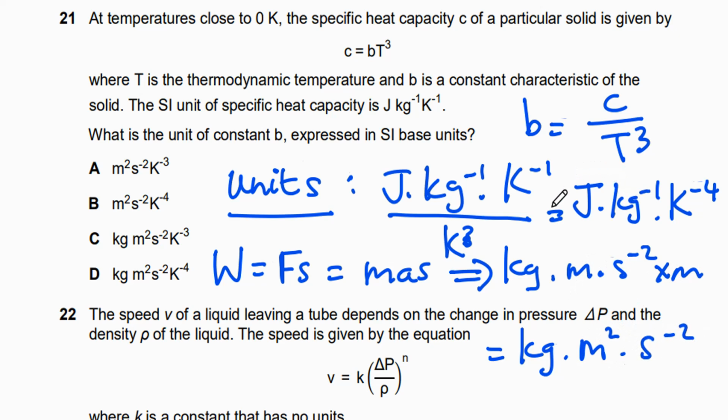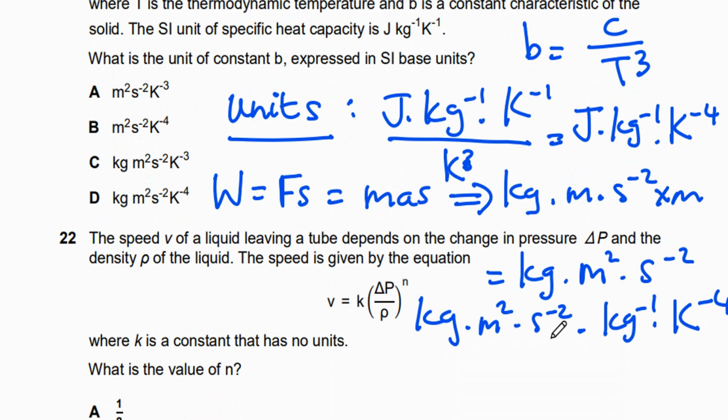So we can replace the joule here with these units. So let's do that. So we're going to have kilograms, meters squared per second squared, replacing the J here. Then kilograms to the negative 1, K to the negative 4. We can simplify this. So we have kgs to the power of 1 here.